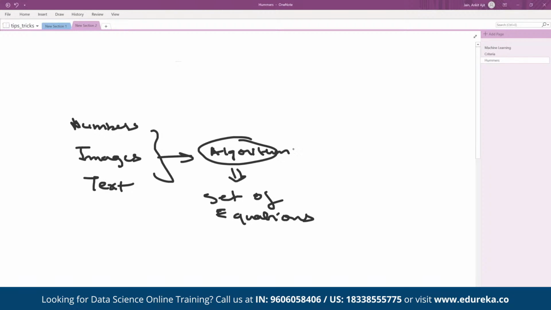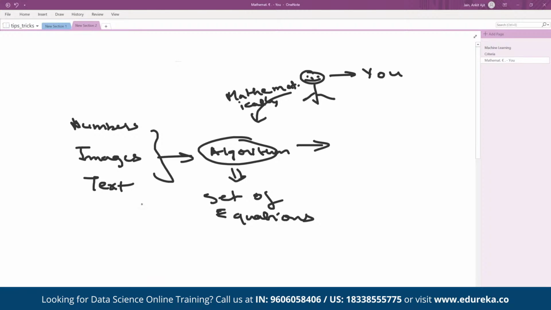Okay, and from these numbers, images, or text you give, you tell the algorithm mathematically what your area of interest is.